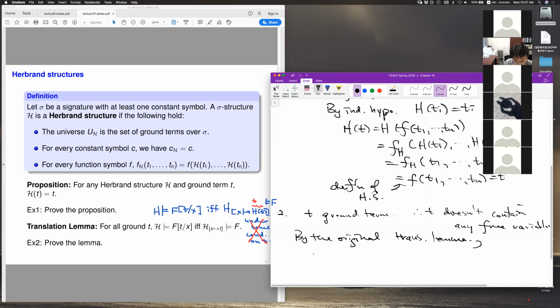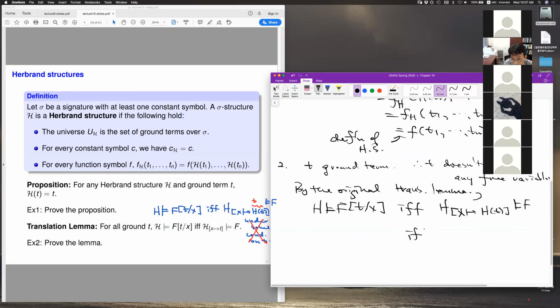What we have is H satisfies F with T substituted for x if and only if H with x mapped to H of T satisfies F. But by the lemma that we showed, this is equivalent to H with x mapped to T satisfies F. This is by the proposition just shown.